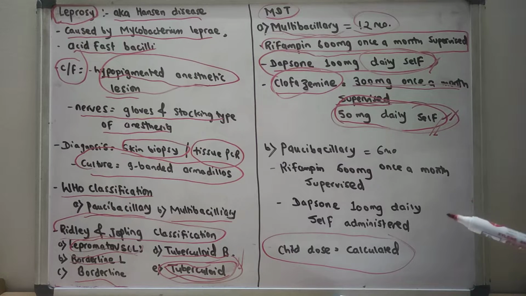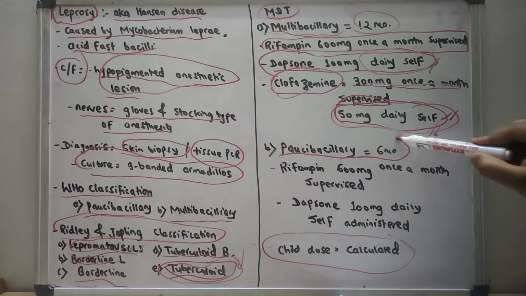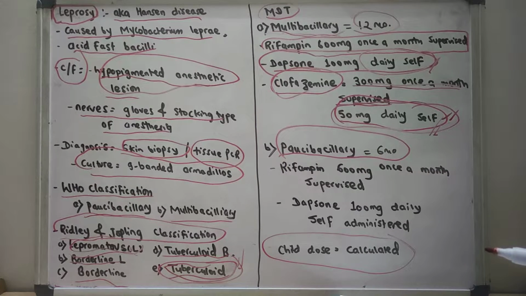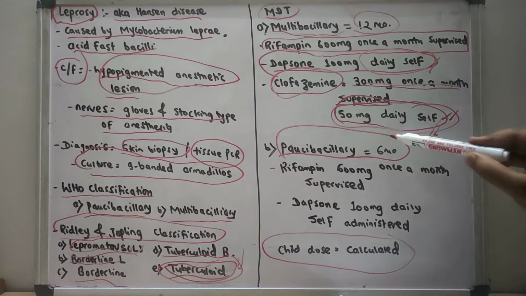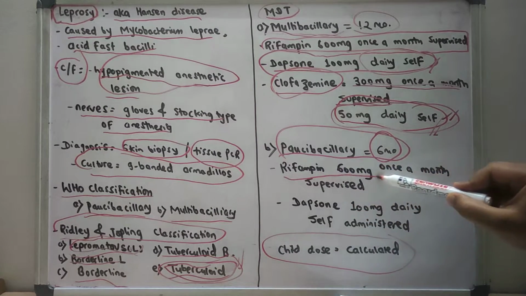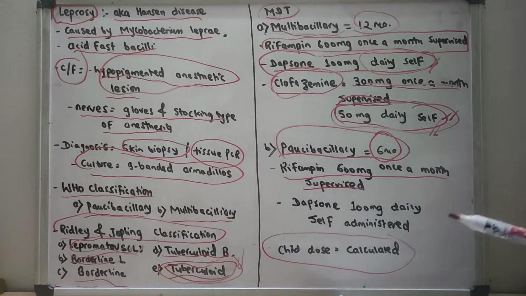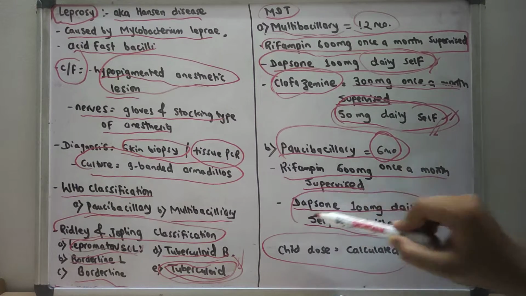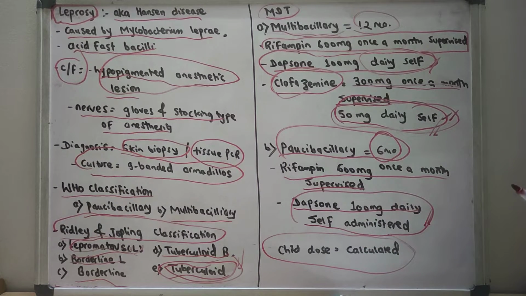Now let us move towards paucibacillary leprosy. The duration of treatment for paucibacillary leprosy is 6 months. Here we give rifampicin 600 mg once a month under supervision, and dapsone 100 mg daily self-administered by the patient. So this is the treatment for multibacillary and paucibacillary leprosy.